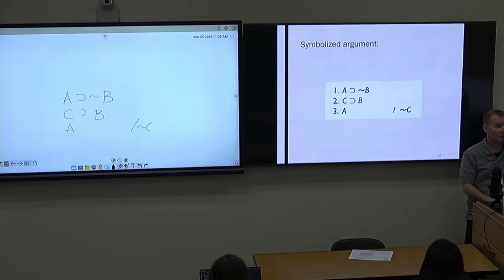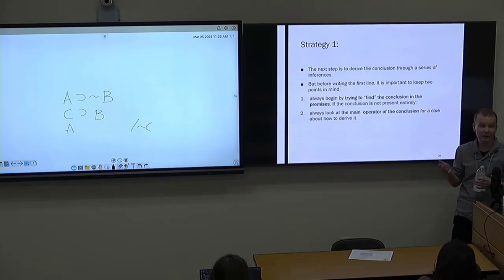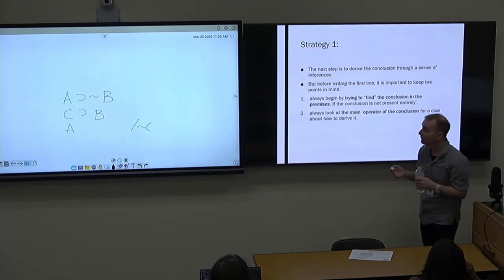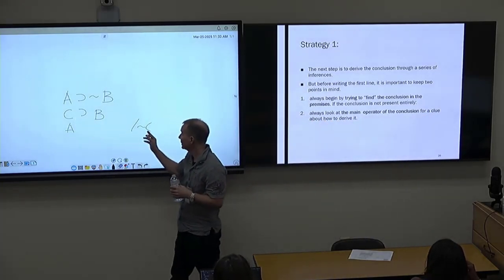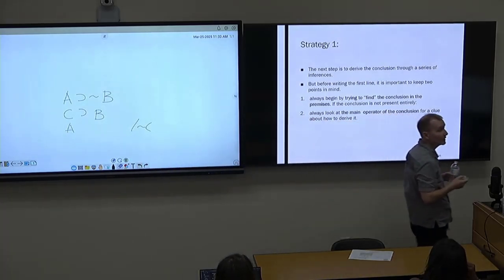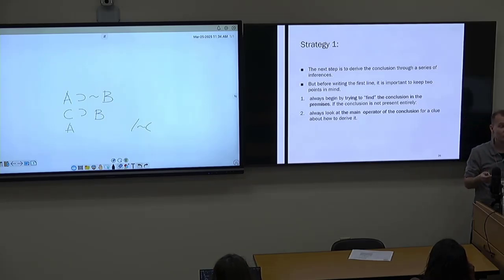What happens next? Always begin by trying to find the conclusion in the premises. If it's in the premises, like here for example, we do have C. We don't have not C, but we have C. Always look for the main operator of the conclusion for the clue about how to derive it.